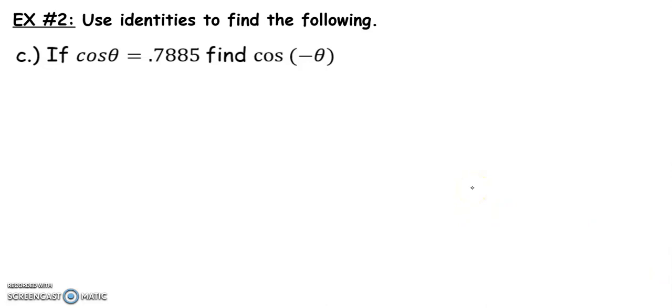Let's try another one. So we know cosine is an even function. Cosine is even. What does that mean? It means if I have a negative cosine, I plug in a negative value, we are going to get out a positive answer.